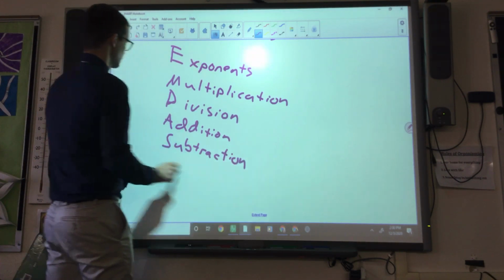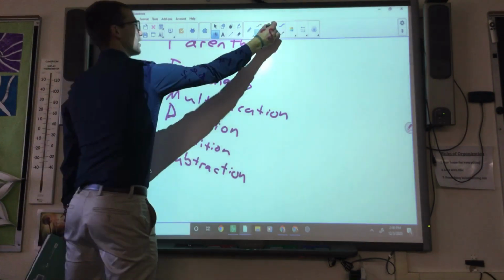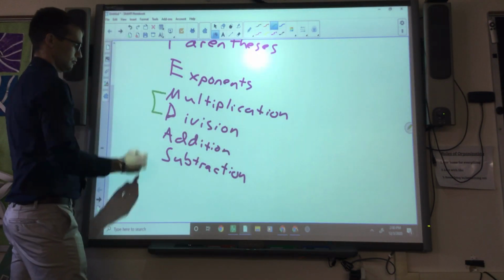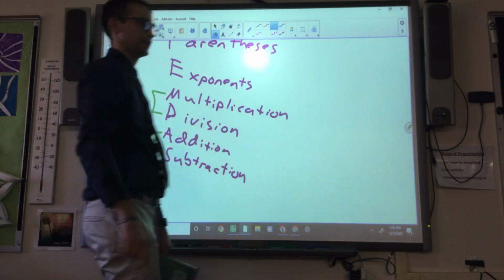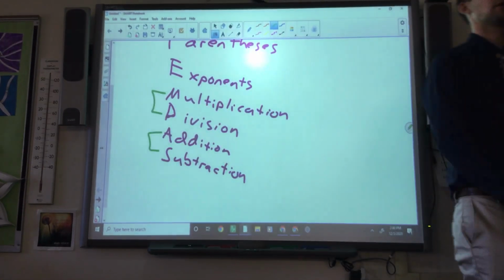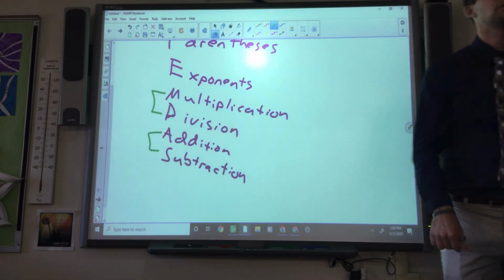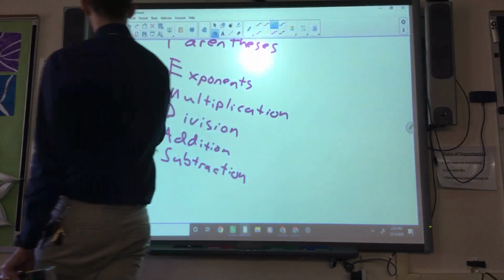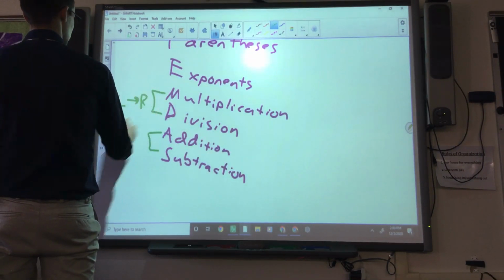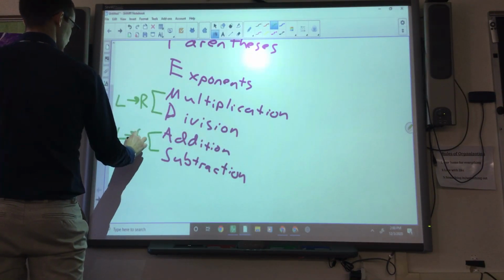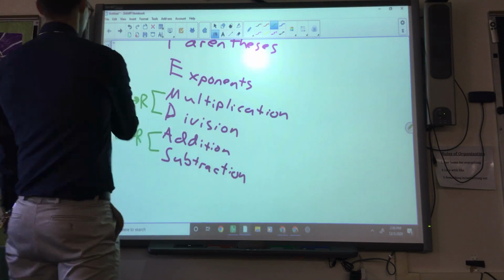Subtraction. The one thing on here though is, why did I highlight M and D and A and S? Because those are only from left to right. So you gotta make sure you're doing those that way.